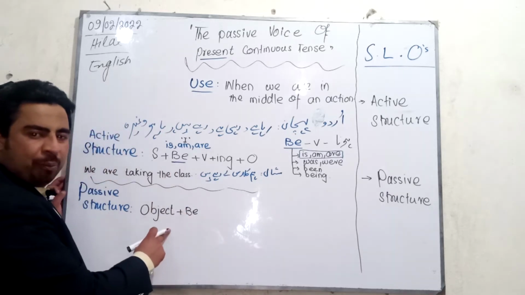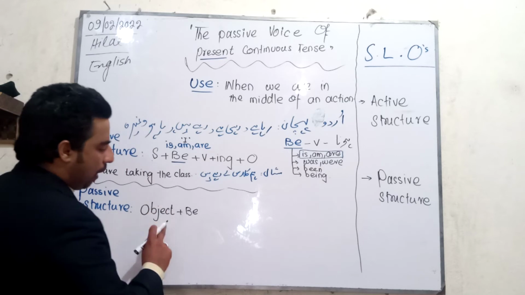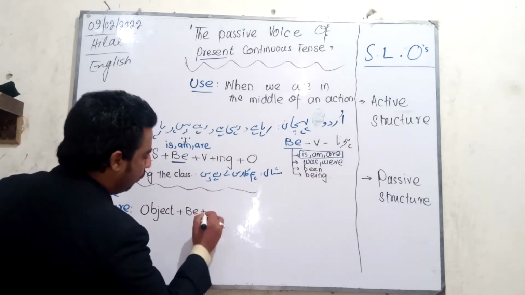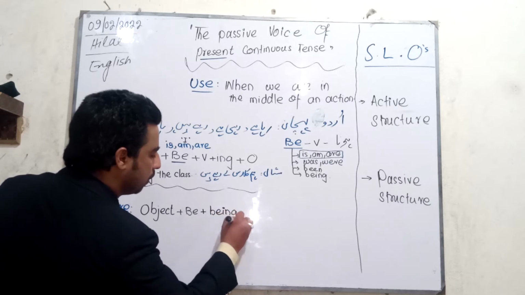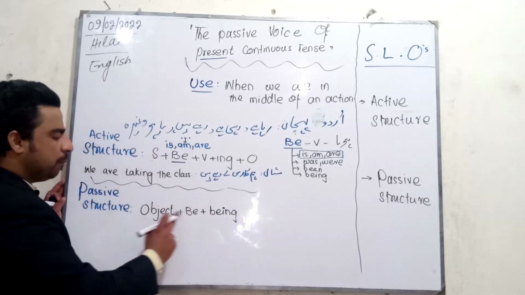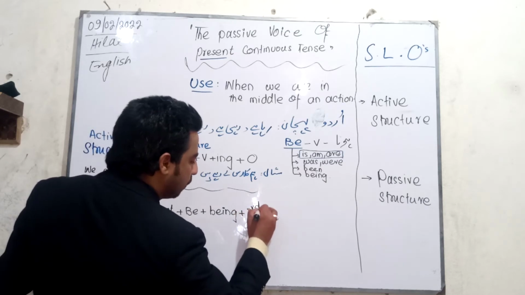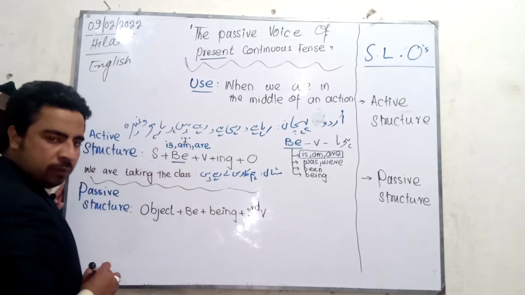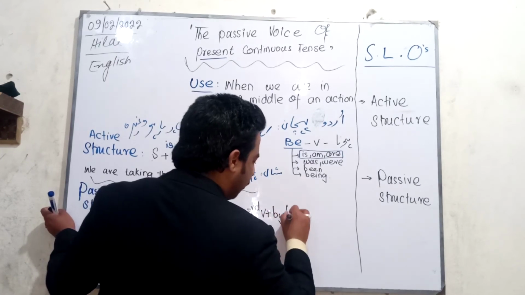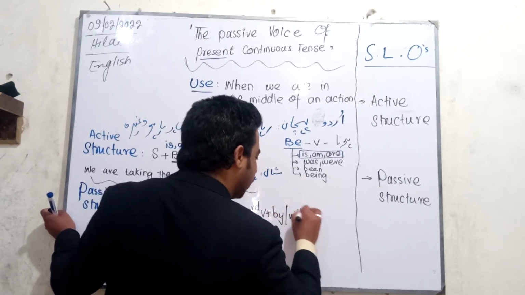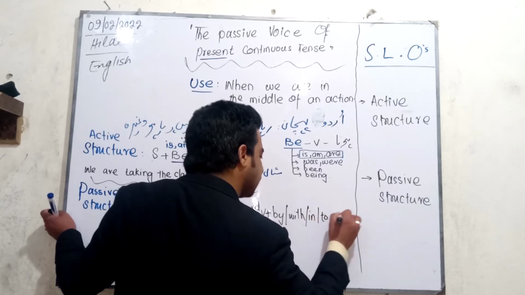Same is the structure of present simple tense, except one thing. I will have to add just being. Object plus be plus being plus third form of verb, and then I will have to use by, then I will have to use with, in or to accordingly, plus subject.